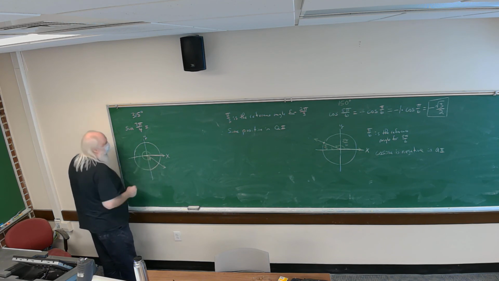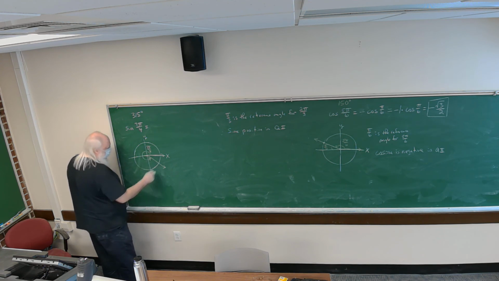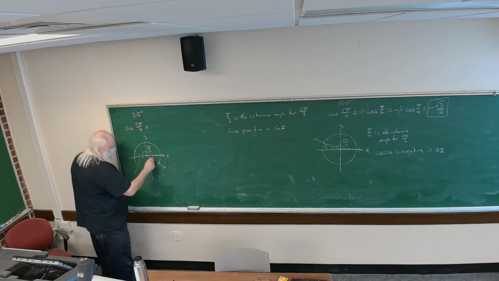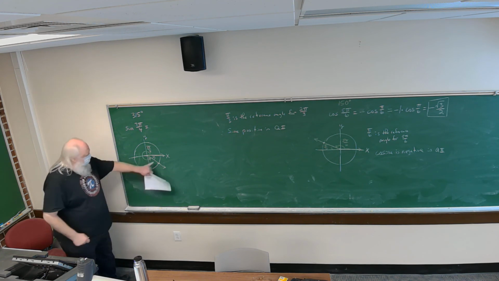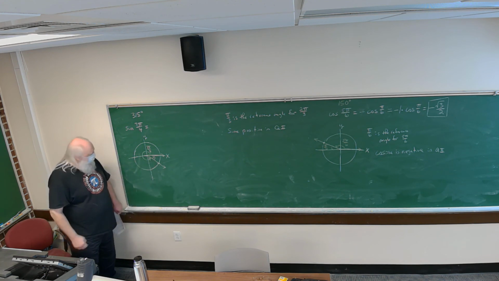So here's the angle, 315 degrees, or 7 pi over 4 radians. The terminal side crosses the unit circle at that point, and this is our acute angle between the terminal side and the positive x-axis.